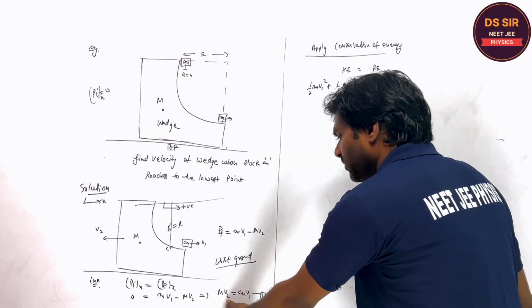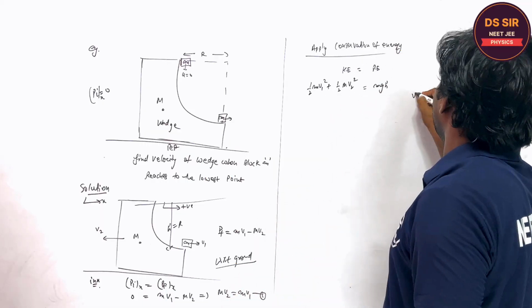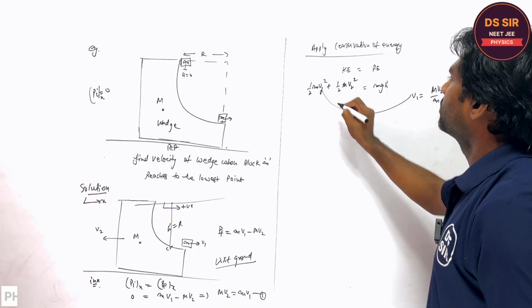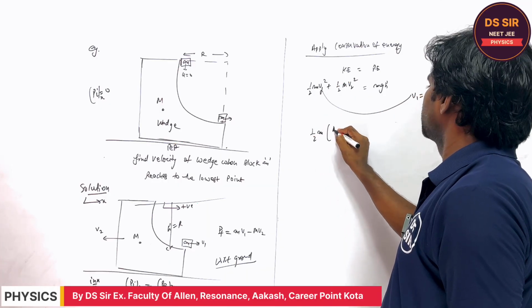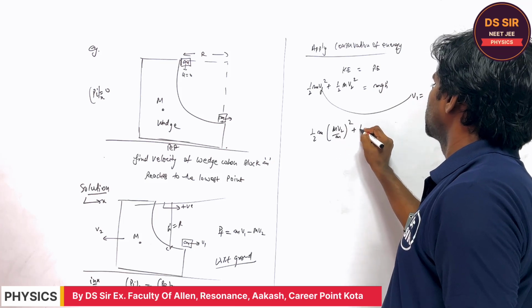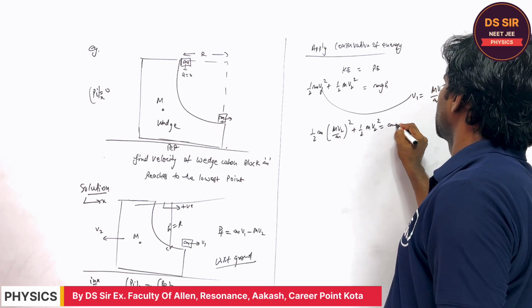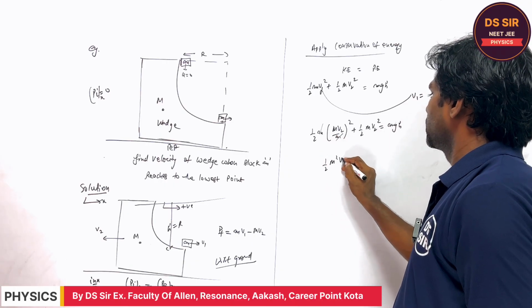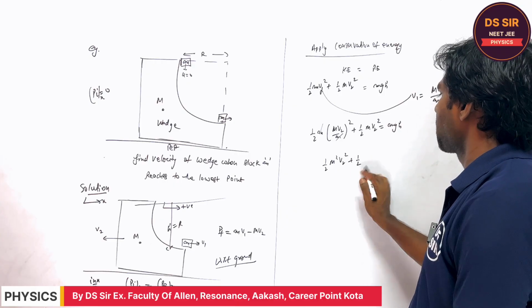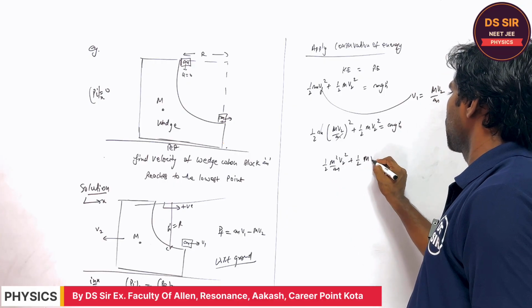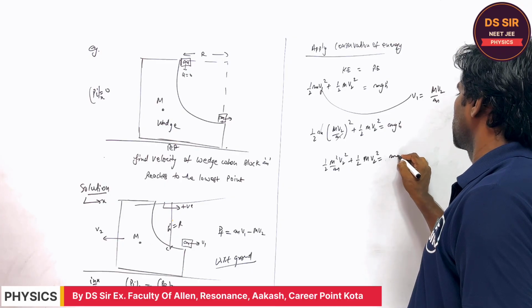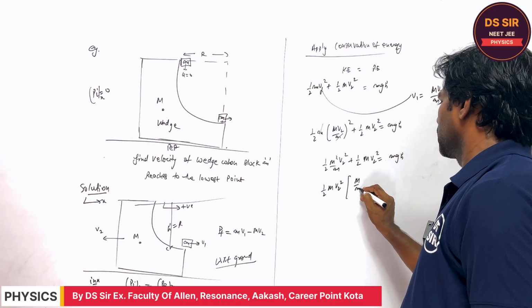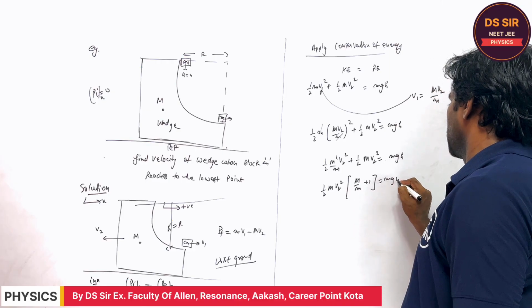But we have to find V2. So from here, V1 is what? I will put this, so this height we have to find. Simplify.